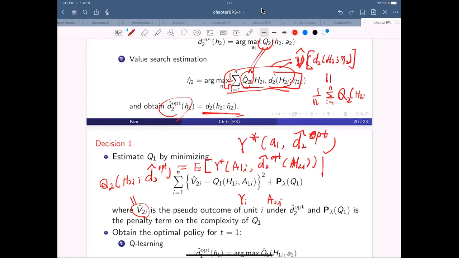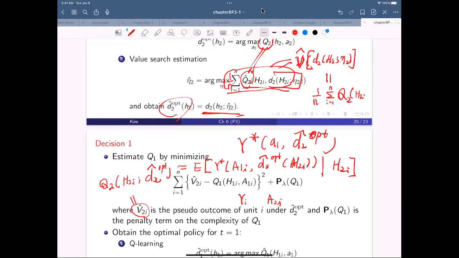So what is Q2H? Q2 of H2 is, you have a history, right? You have a realized one, but you want to replace it by the optimal decision rule. So that is H2, right? My point is that this could be one way.